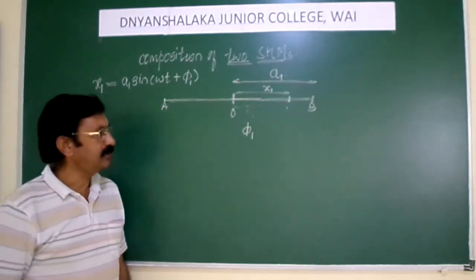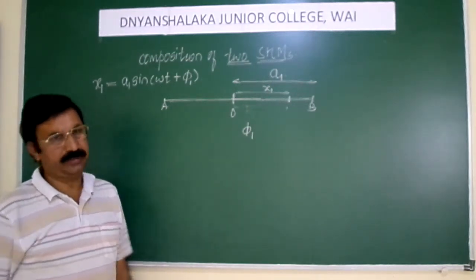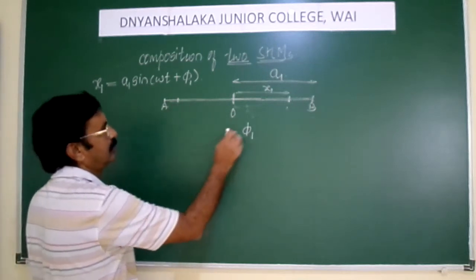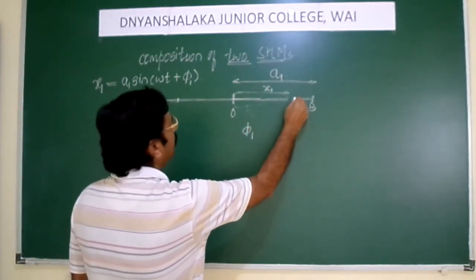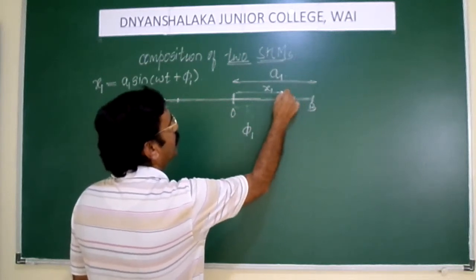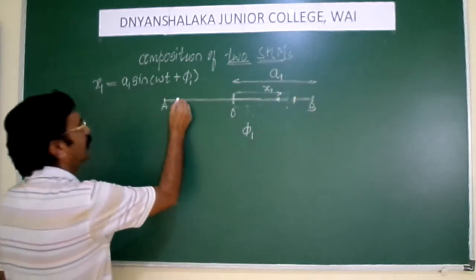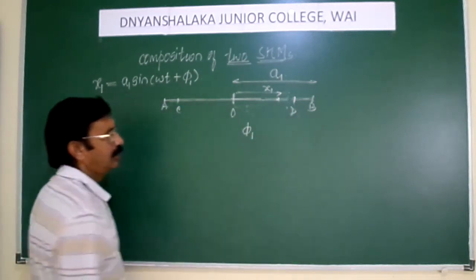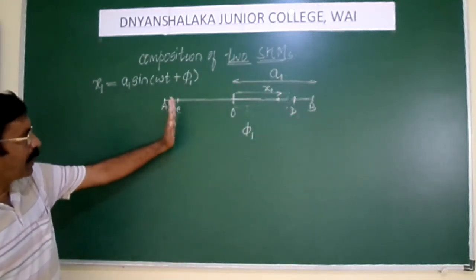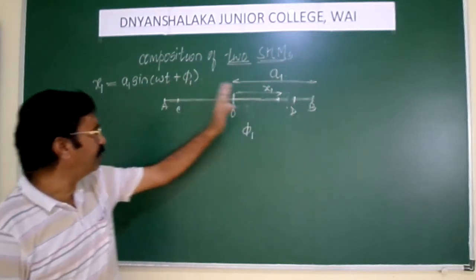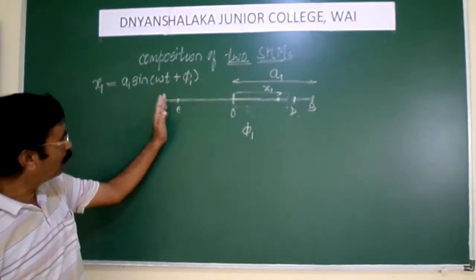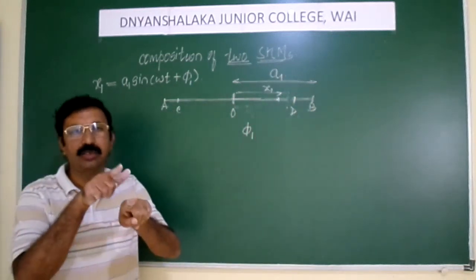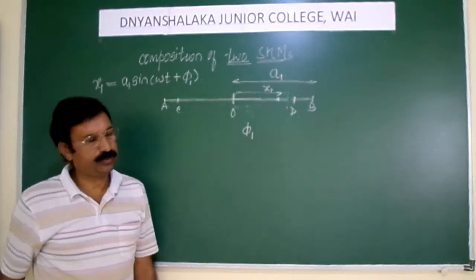Now consider another path, which is CD. The path CD is over the path AB itself. They are collinear to each other.